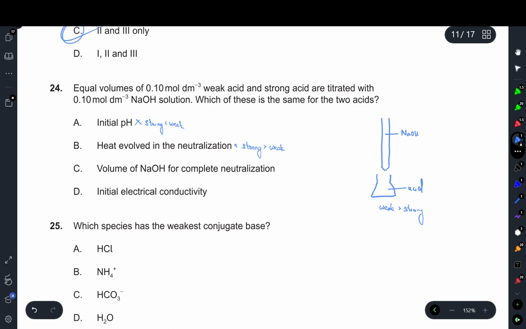And looking at option C, volume of NaOH for complete neutralization is going to be the same. Now you might be thinking, oh wait, what about the dissociation?